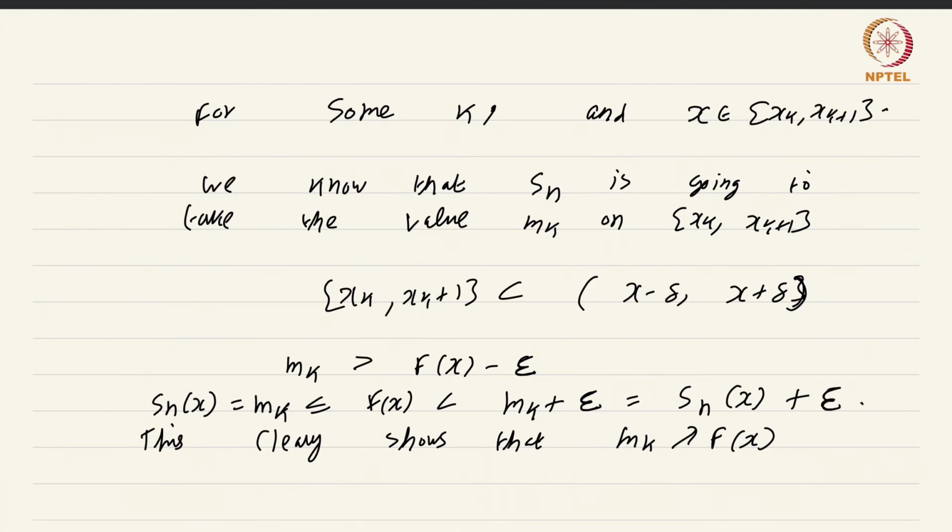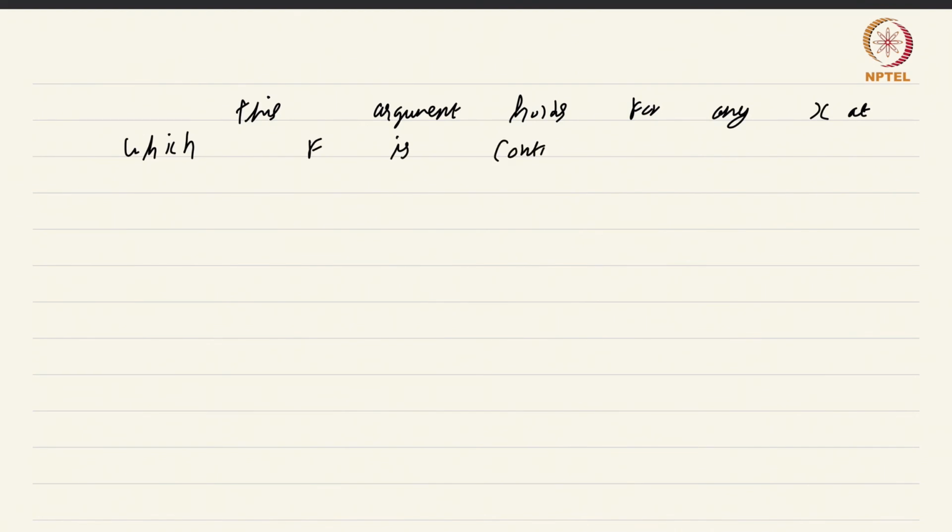So this clearly shows that Sn of x increases to f of x. This argument holds for any x at which f is continuous. So Sn increases to f almost everywhere, as claimed.